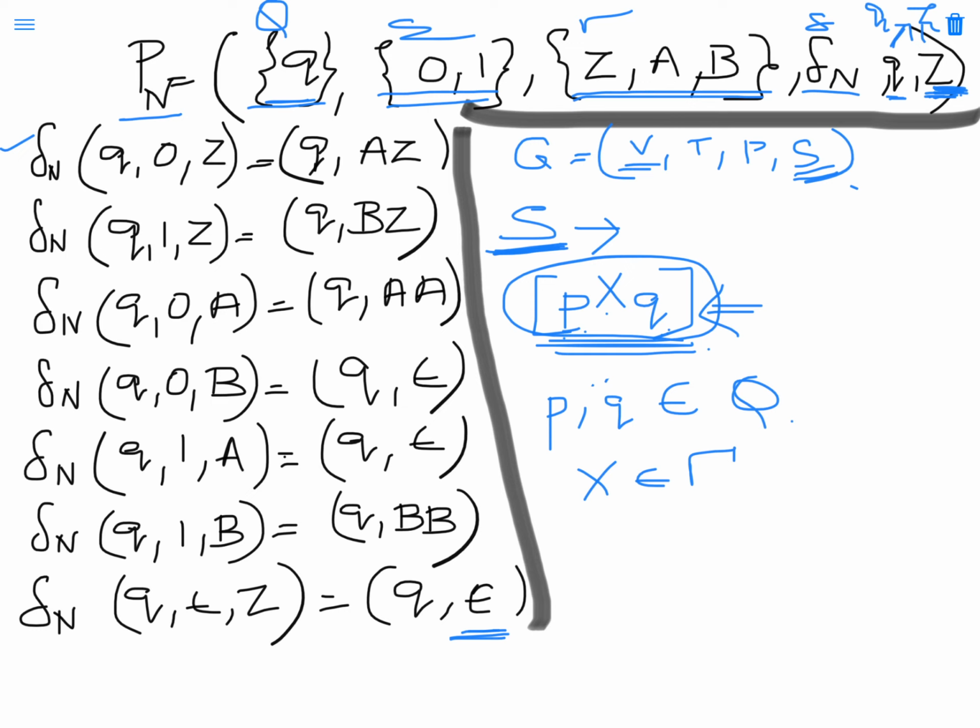The variables we are designing for the grammar generated from the PDA will be in this format, PXQ, where P and Q are the states in Q and X is the stack symbol in gamma.